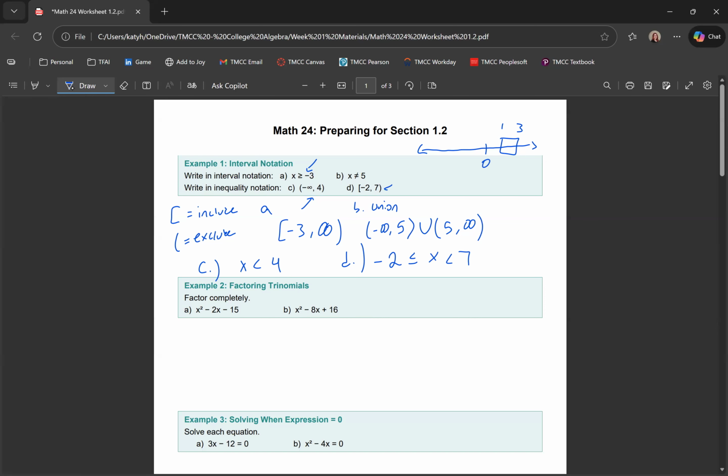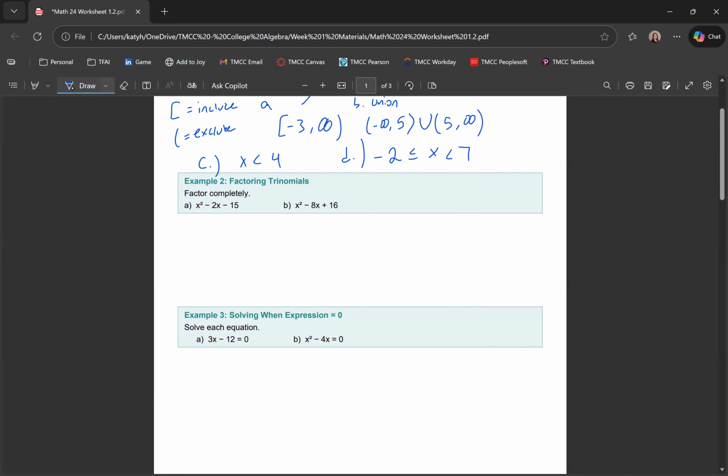All right, moving on to the next one, factoring trinomials. To factor a trinomial, we want to think about things that multiply to 15, but add to this middle number. And we want to be able to write them down in these parentheses like this. And we'll have x's here, and we need to figure out a plus minus for this value and a plus minus for this value.